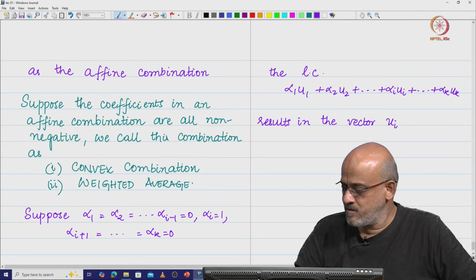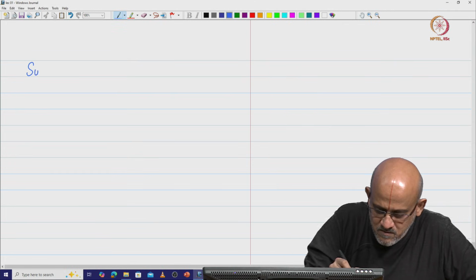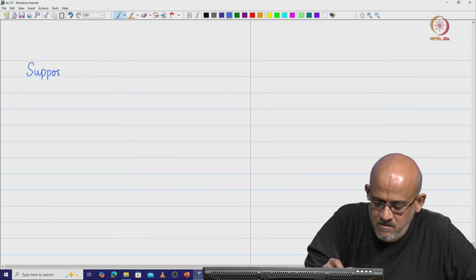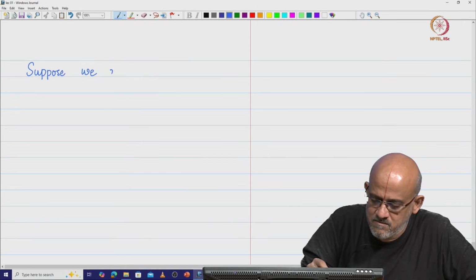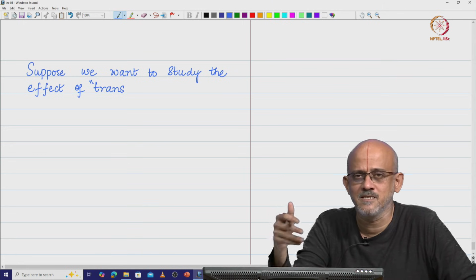Okay. So, the question is the following: suppose we want to study the effect of transforming. We really do not know what it is to say transform by now, but in plain English we know what it means. We will study linear transformations in the next week.